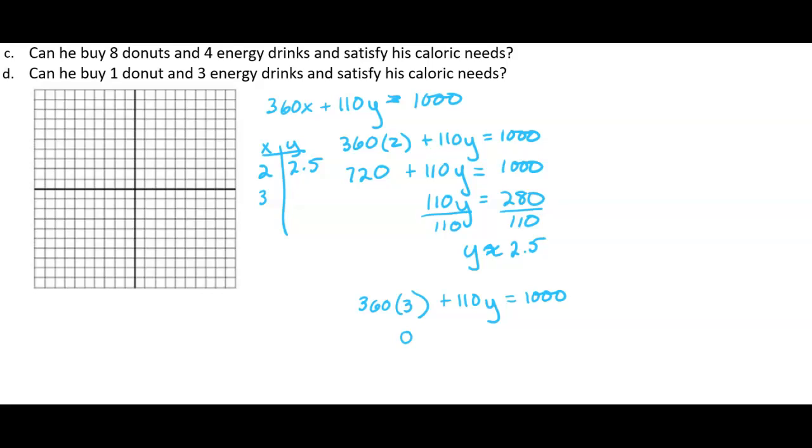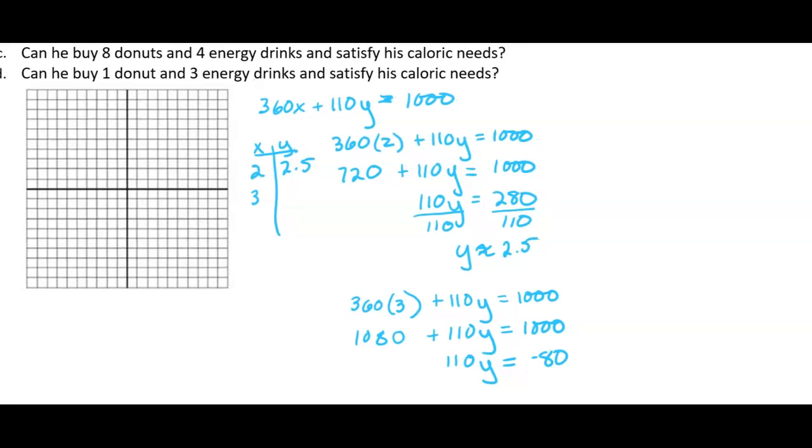We could get a negative number. Why not? So I'm getting 1080 plus 110y equals 1,000. This will be kind of interesting, even though we know he can't have a negative number of energy drinks. Negative 80.